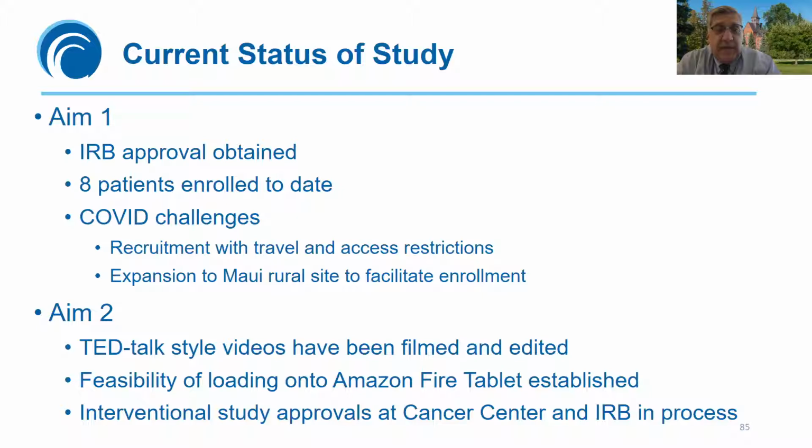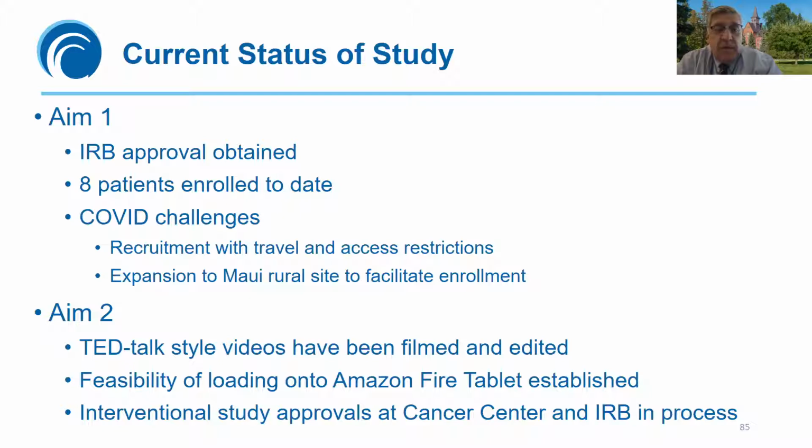So the current status, we've already gotten aim 1 IRB approved. 8 patients have been enrolled. We've had some challenges related to COVID, having multiple meetings with various different practices in our rural areas on the different islands, and we've added Maui to our site plan to facilitate enrollment.